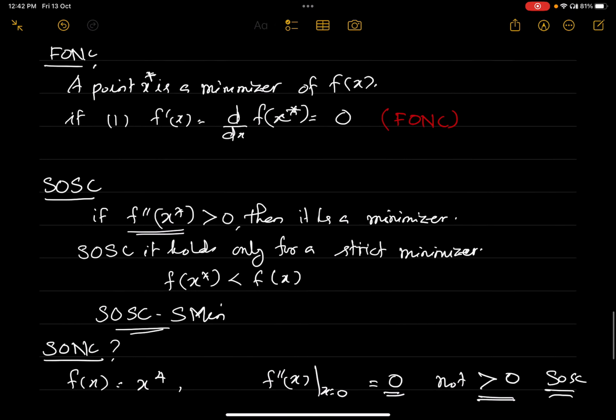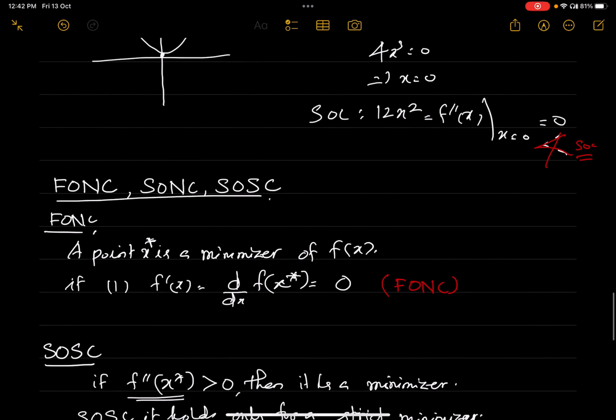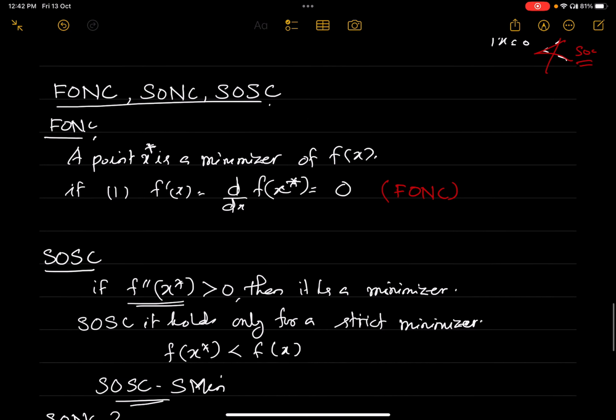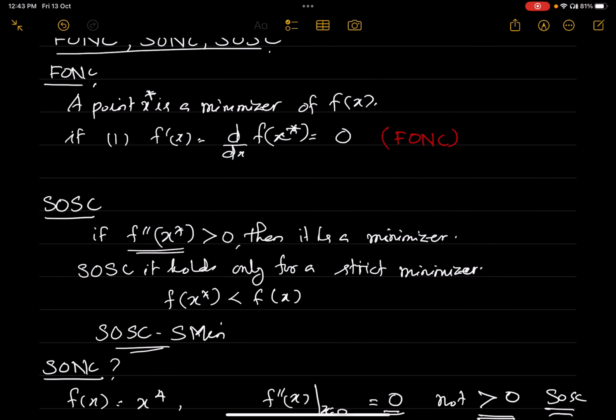So this is more of a review of what we have studied earlier, but we have tried to systematically arrange it: what is a minima, a global minima, a local minima, and the necessary and sufficient conditions, the first order necessary conditions, second order sufficiency conditions, and second order necessary conditions for a point to be a minimizer of a function f of x in a single variable.